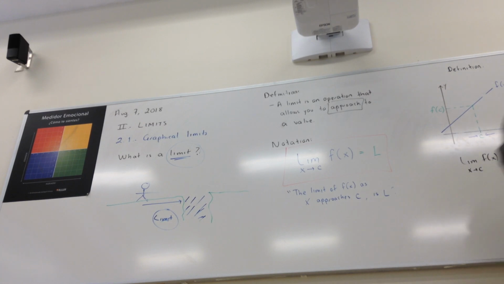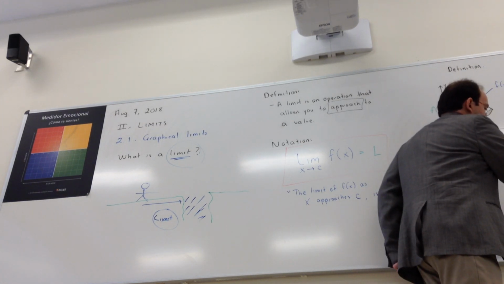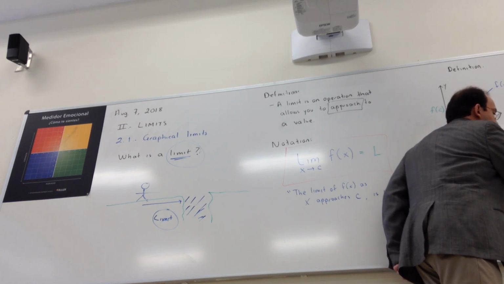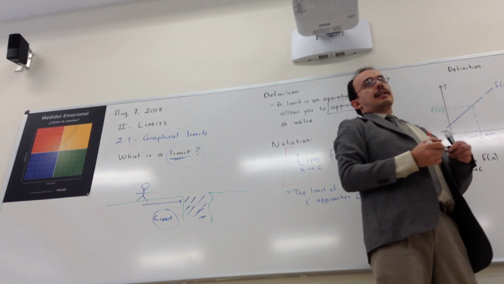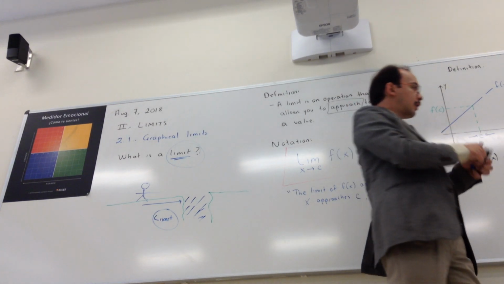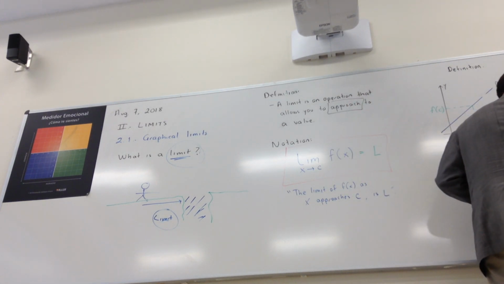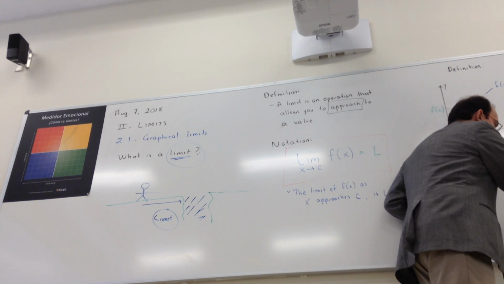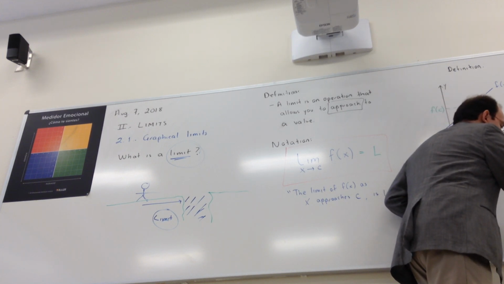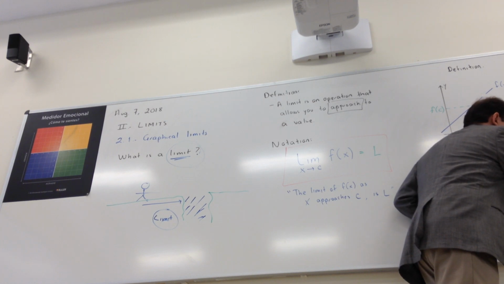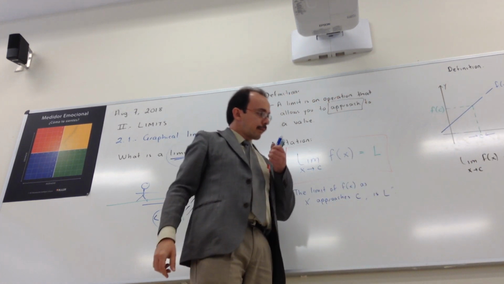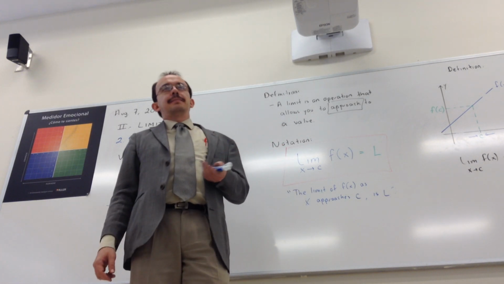If I were to say the limit as x approaches, but now 4 from the left side, what would you say? 5. This little minus means from the left. Do you understand that? Yes.